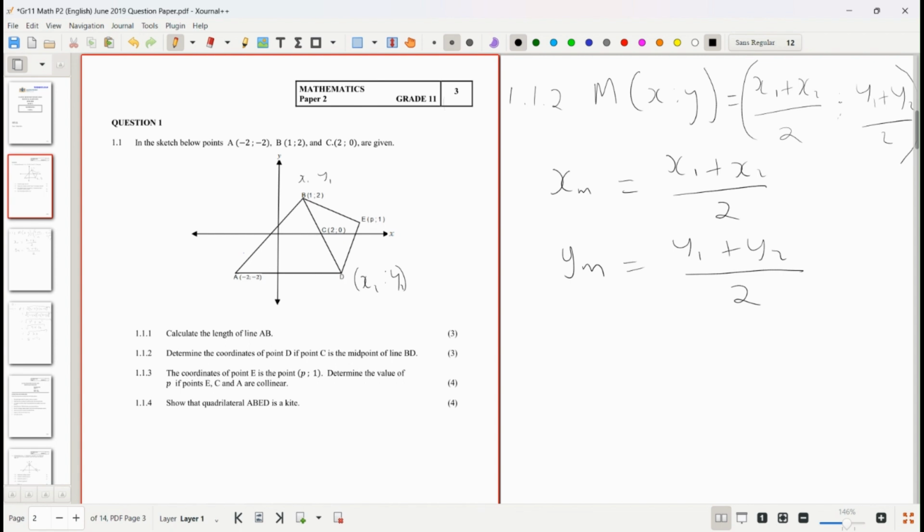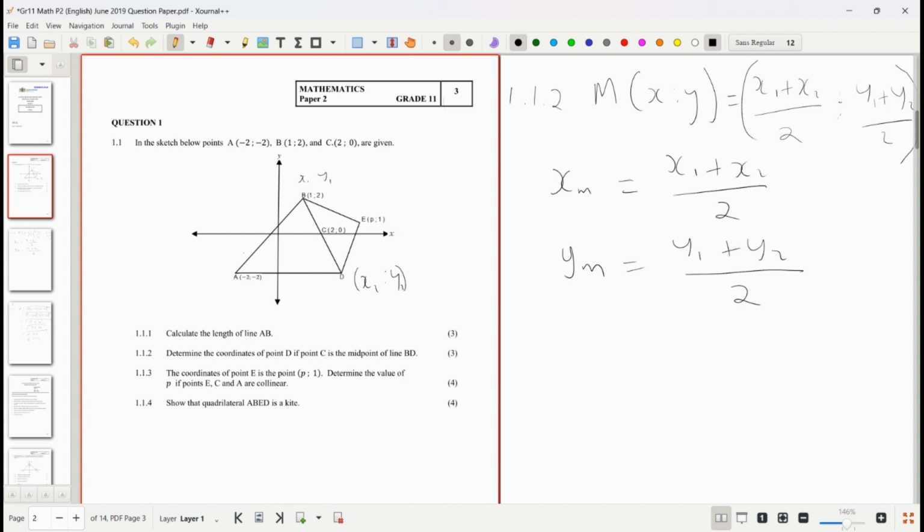So you are looking for these coordinates, but you have the coordinates of the midpoint, because they told you that for the line BD, C is the midpoint, right? So we already know the x coordinate and the y coordinate of the midpoint, but we don't know what x2 and y2 are, right?